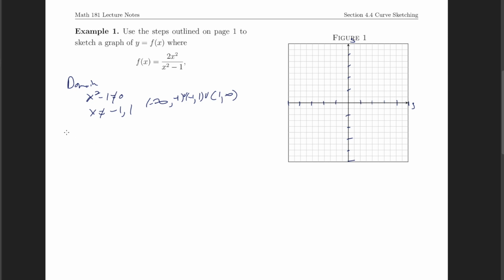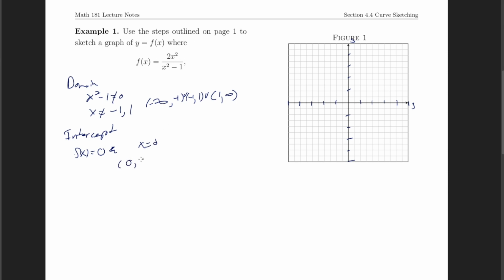Alright, let's look for the x and y intercepts. The x-intercept and the y-intercept in this case are the same, so we're going to look for intercepts. We're just going to set this equal to 0 and find out where that's true. Where's this equal to 0? So f of x equals 0 when x is 0, as we can just see right here.